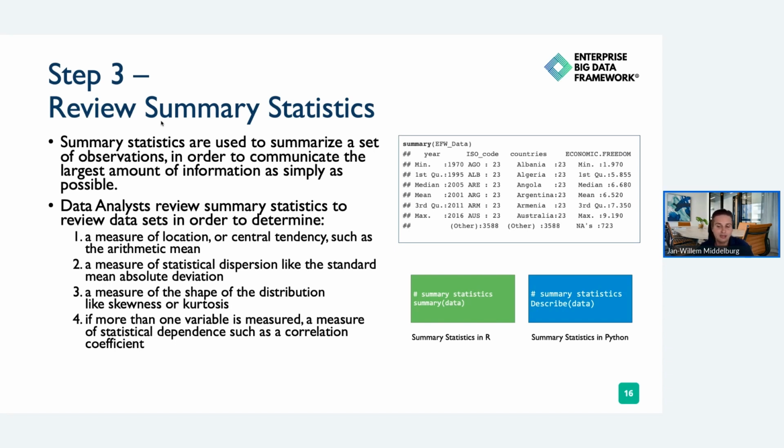Within R, it's typically referred to as the summary command, whereas in Python, we use the describe function to actually do this. And that will give us right away an overview of exactly what the data is telling us. And it's quite interesting if you do this, because one of the main columns that we're going to be interested in in this data set is the economic freedom.